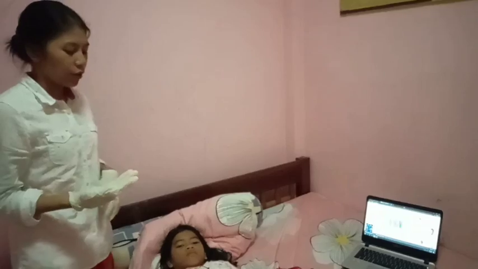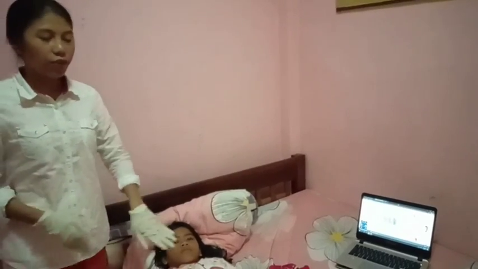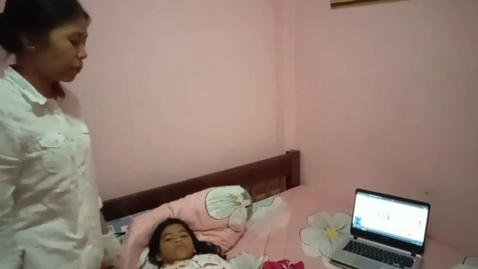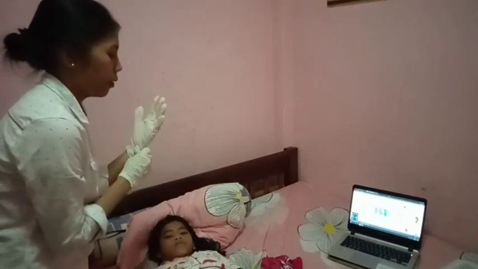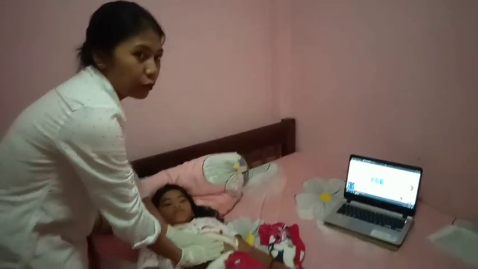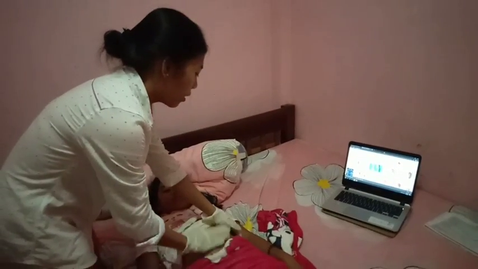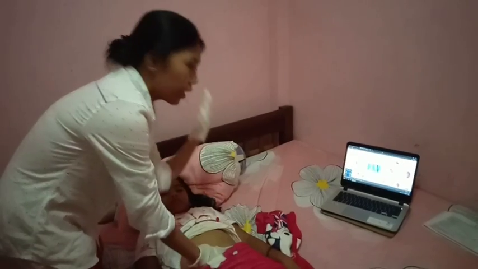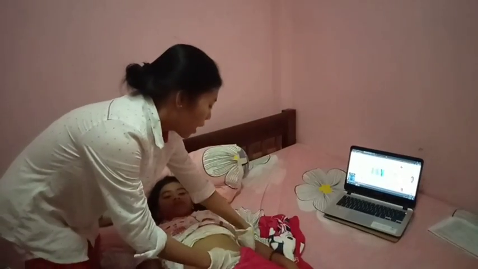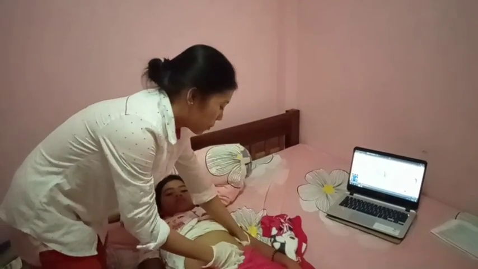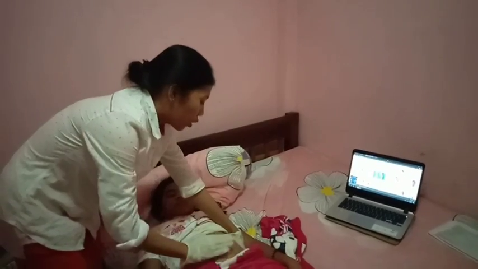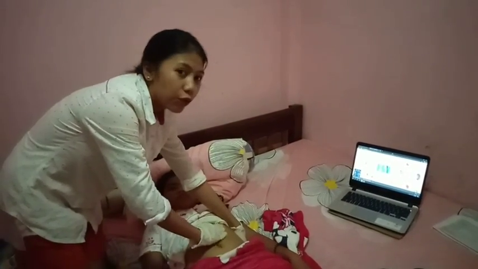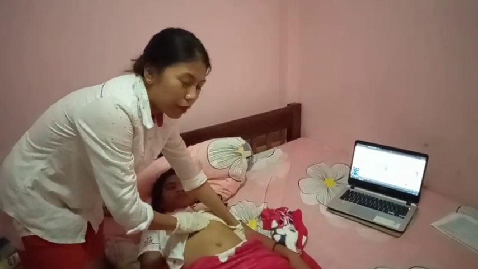For the palpation of the spleen, we have to stand at the right side of the client. Reach across the abdomen and support the tummy with the left hand at the posterior rib cage. Then locate the left costal margin.